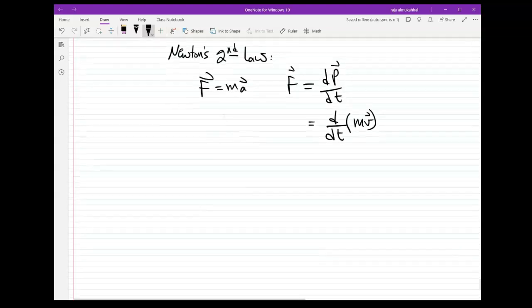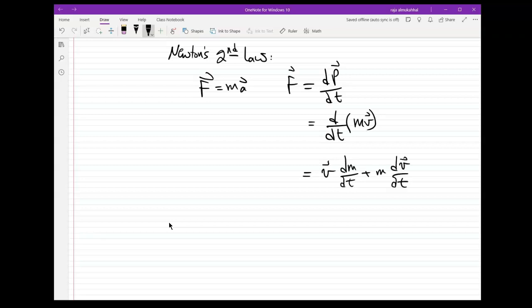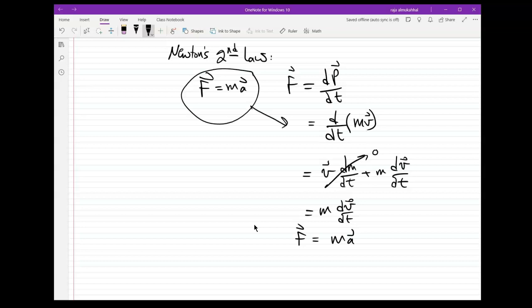If I do the product rule here, that's going to be v dm dt plus m dv dt, and of course if we assume that the mass is constant, dm dt is 0, and we end up with m dv dt, but dv dt is the acceleration, so it's ma. And there we go. That's how we know that F equals ma. It's from this derivation, okay?